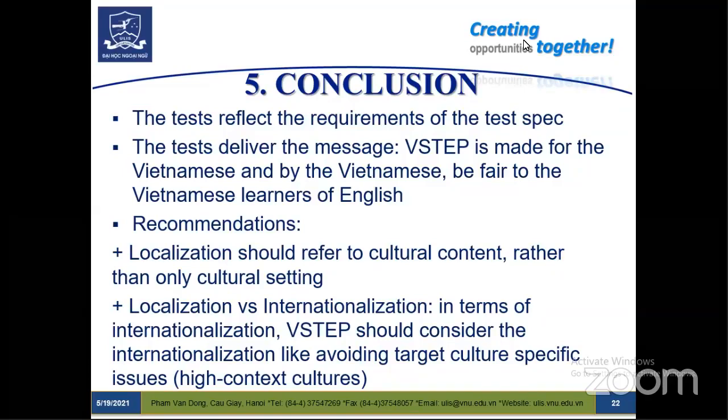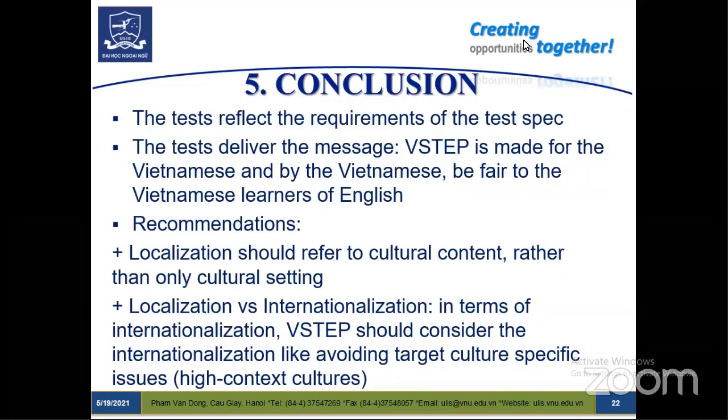And talking about localization and internationalization, in terms of internationalization, VSTEP should try to avoid target-culture-specific issues, which we call high-context culture. While we try to maintain localization, we also want to maintain internationalization because we want to make this test a standardized test.